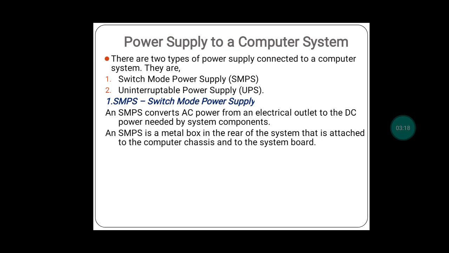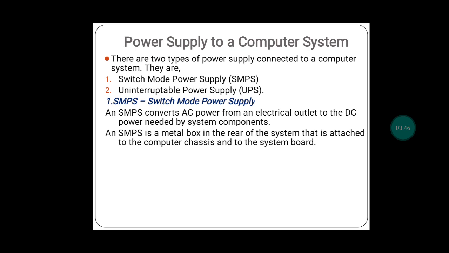Where is it placed in the computer system? An SMPS is a metal box at the rear of the computer system, that is, the back side, attached to the computer chassis and to the system board. Computer chassis is nothing but the case box.